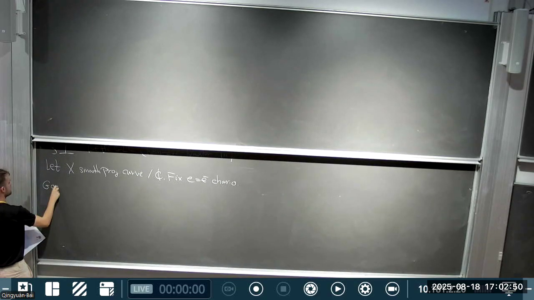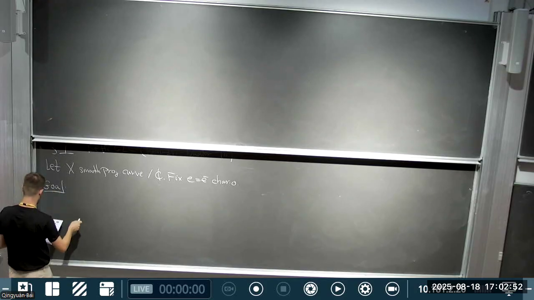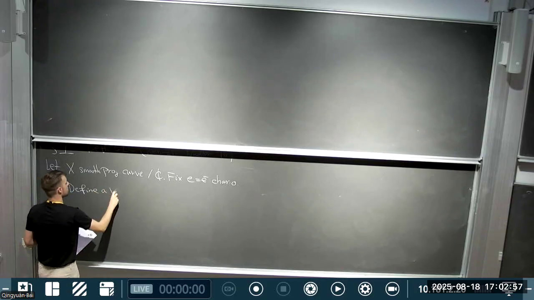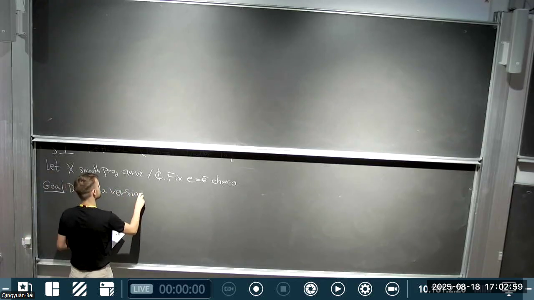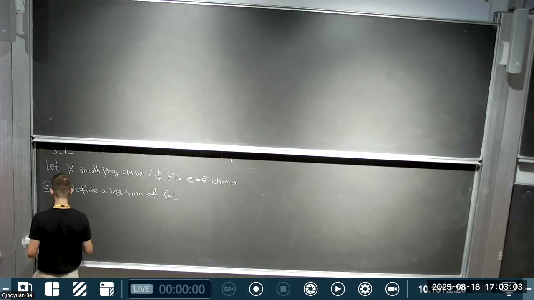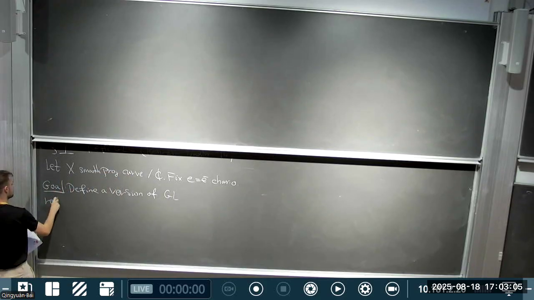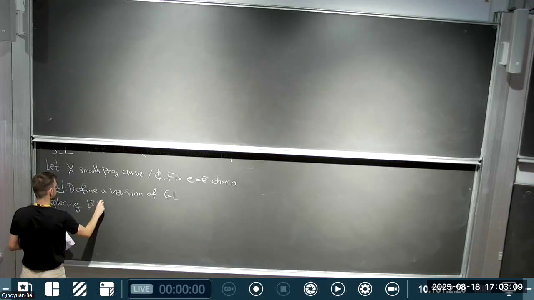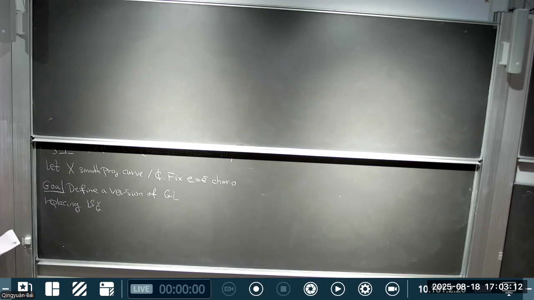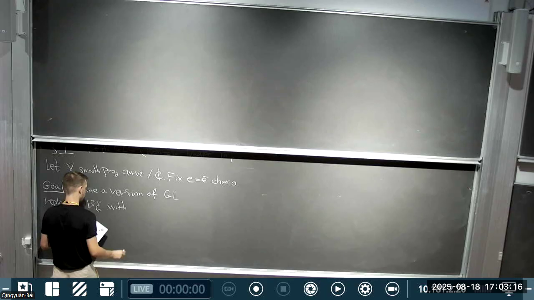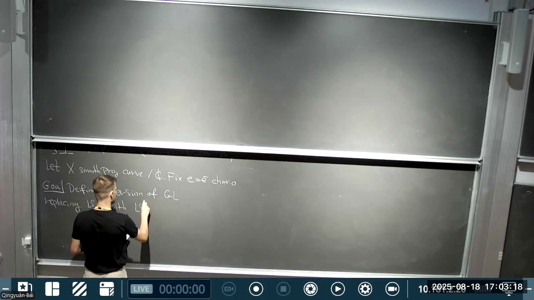So the goal is to define a version of geometric Langlands replacing LocSys G-check, as we've seen before, the stack of local systems on the curve, with Betti local systems. We'll define that in a second.